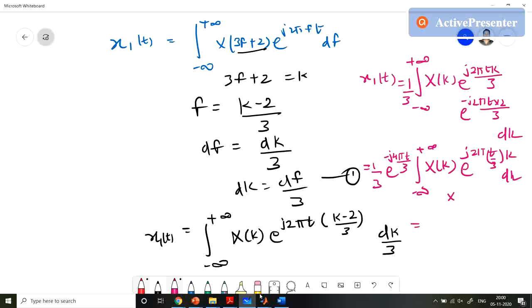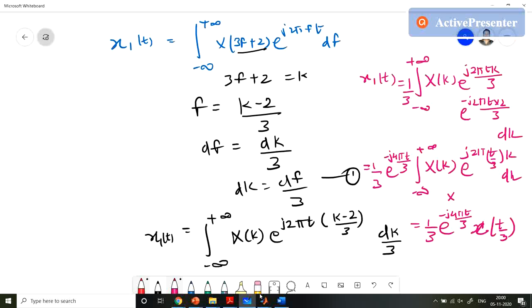So what we are getting finally is (1/3) e^(-j4πt/3) x(t/3). This is our solution.